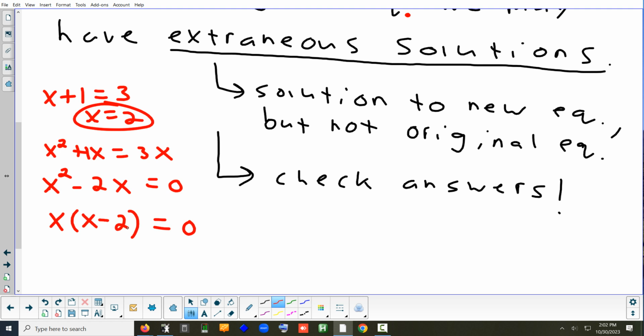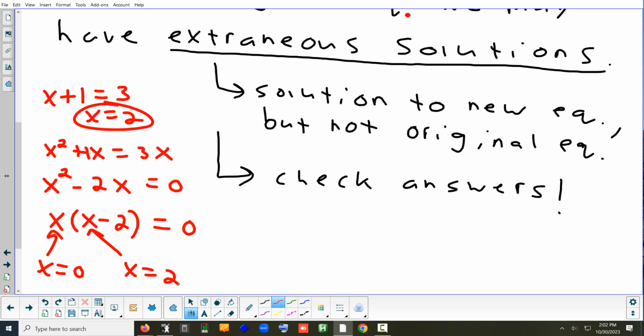Now you factor it. What number could you plug in here to make that factor 0? 0. And what number could you plug in there to make that factor 0? 2. How many answers did we just get to that equation? 2.